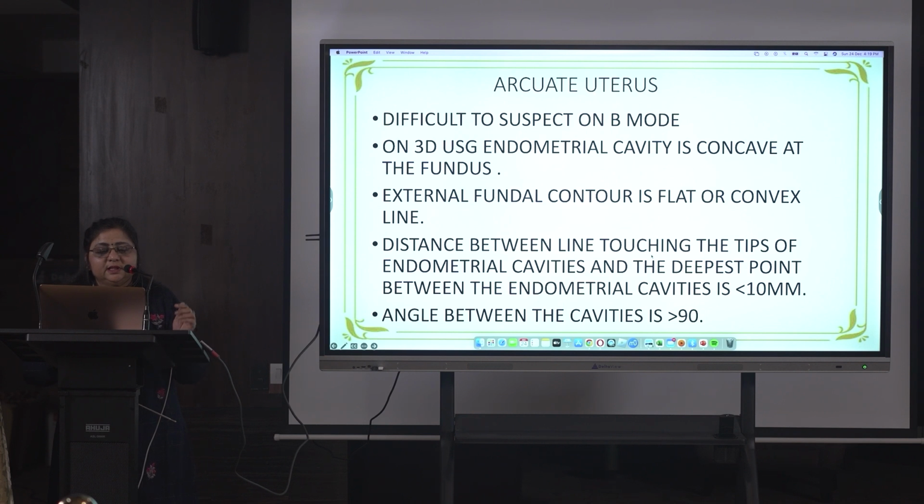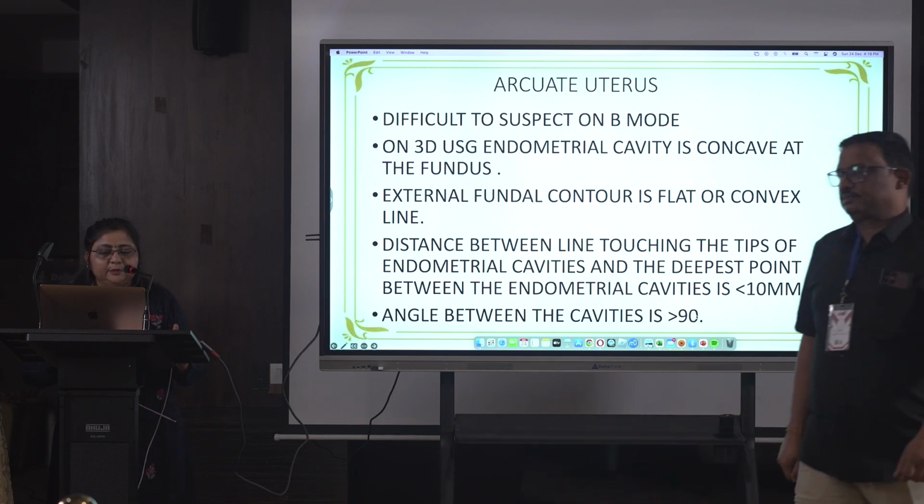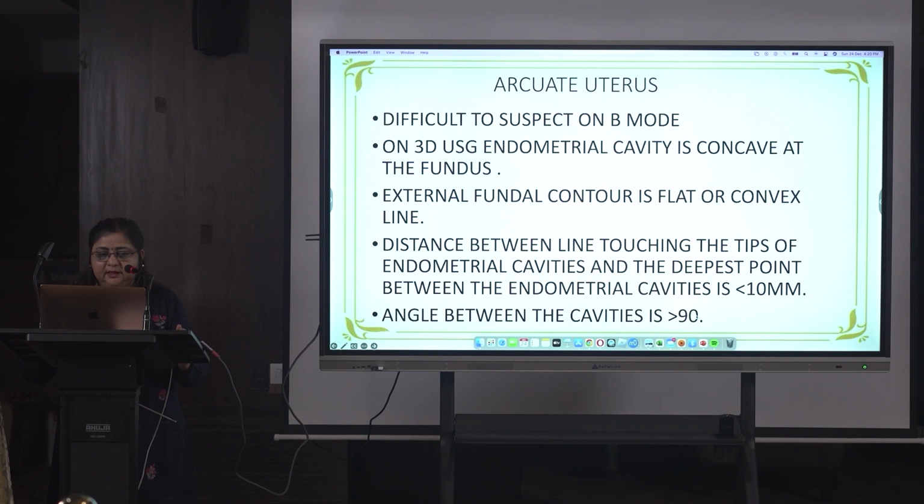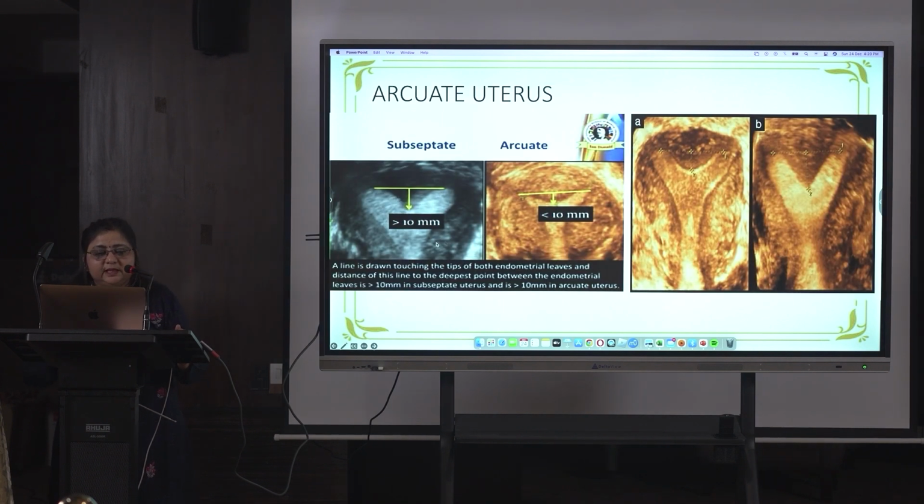The distance between the interostial line's middle point and the deepest point between the endometrial cavities is less than 10 millimeters, and the angle between the cavities is more than 90 degrees. So you can see here, this is the arcuate uterus. A little concave dip is there, and here you can see, what type of uterus is this?